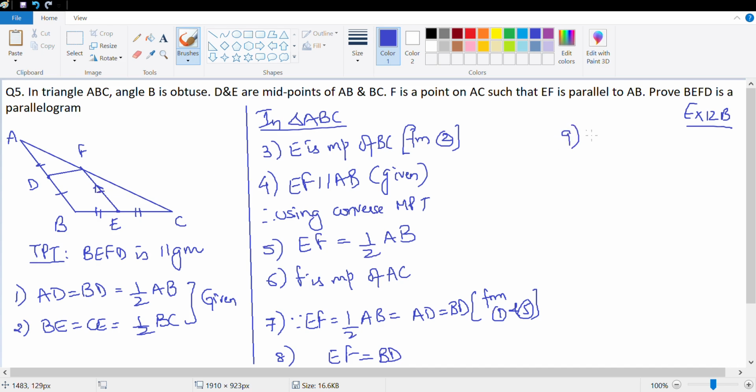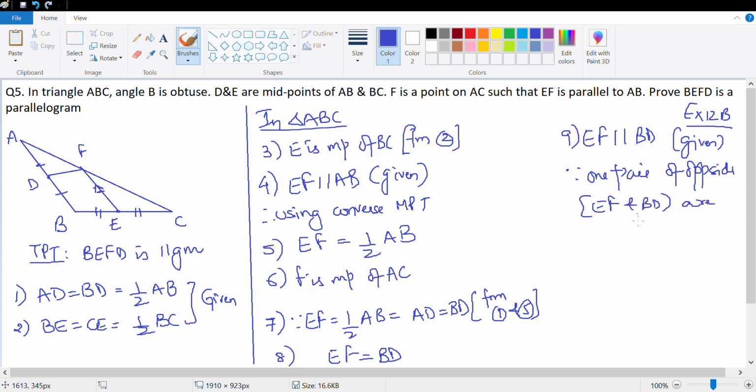And number 9, EF is parallel to BD. This is already given. So since one pair of opposite sides, in this case EF and BD, are equal and parallel, therefore quadrilateral BEFD is a parallelogram. Done. Let's move on to the next question.